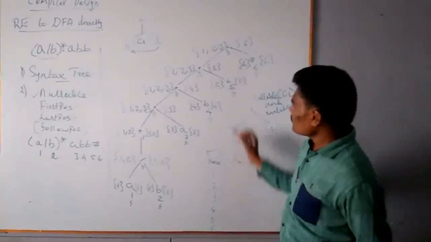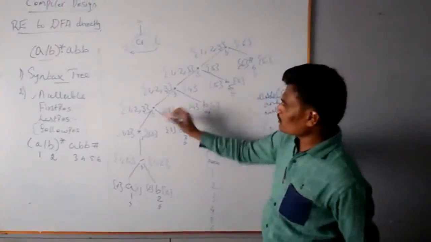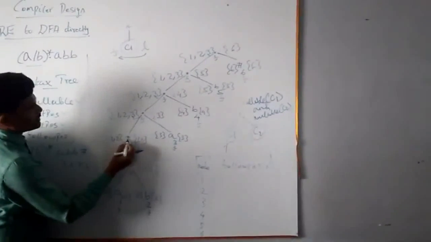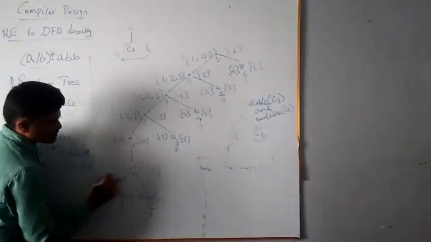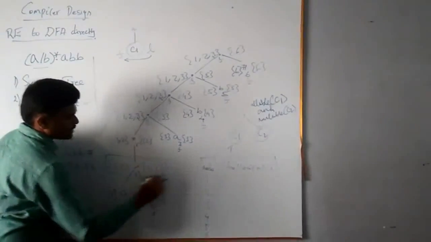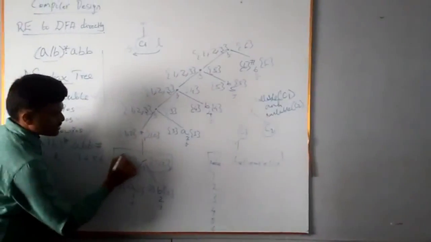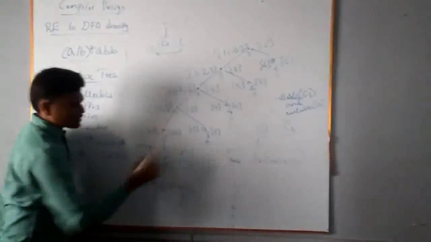Here, only one star operator is there. For this star operator, this will be your C1. In this C1, this is the first position and this one is the last position.